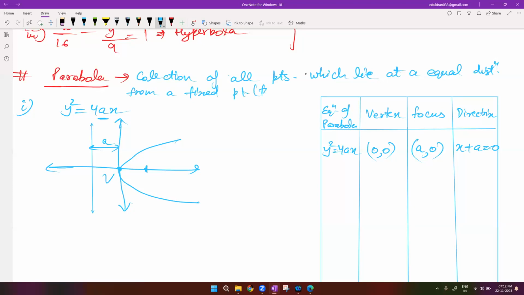What is this fixed point? Focus. And a fixed line. What is this fixed line? Directrix.